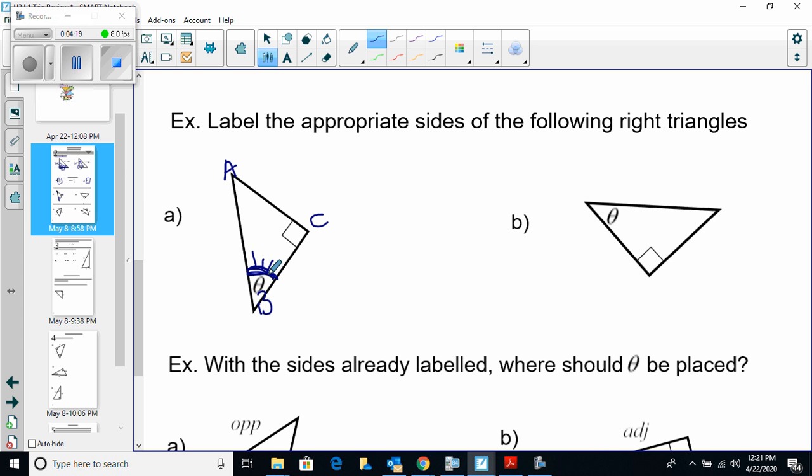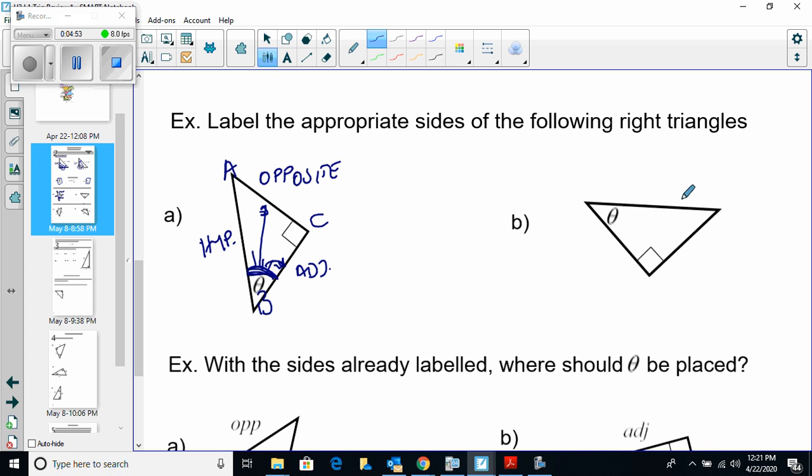So if you place your eye here, what you see as the opposite of the angle is the side AC. So this will be the opposite. And what you see here as the side supporting the angle is the side BC. So this will be the adjacent. And opposite to the right angle is the hypotenuse.